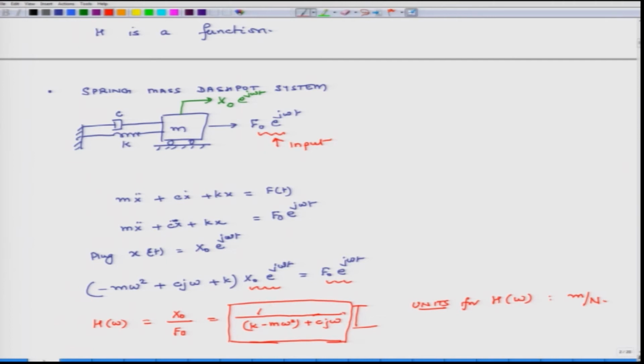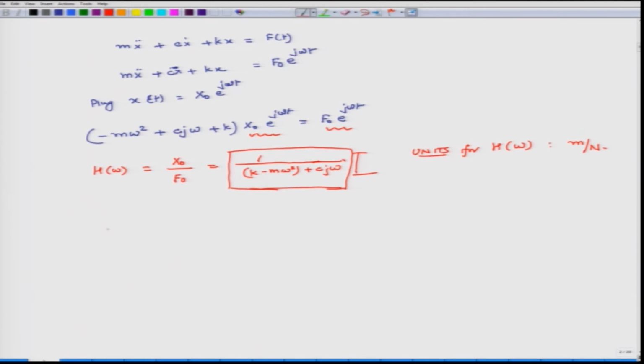It is 1 over (k minus m omega square plus c j omega). k purely depends on the system, m, which is the mass, again purely depends on the system, and c again purely depends on the system. So, the transfer function, at least for linear systems, purely depends on properties of the system.